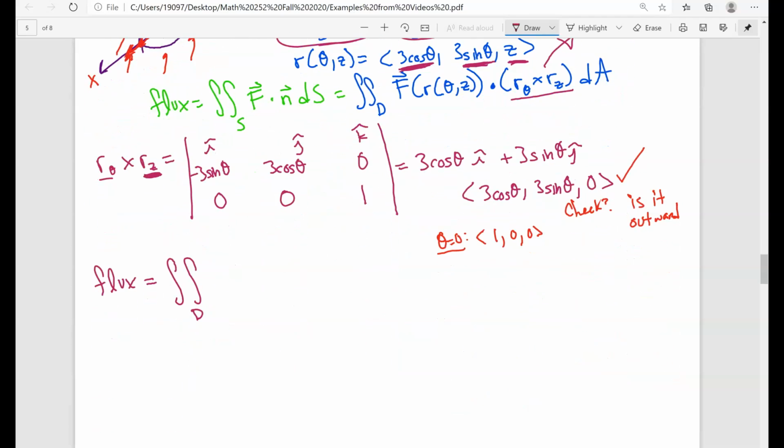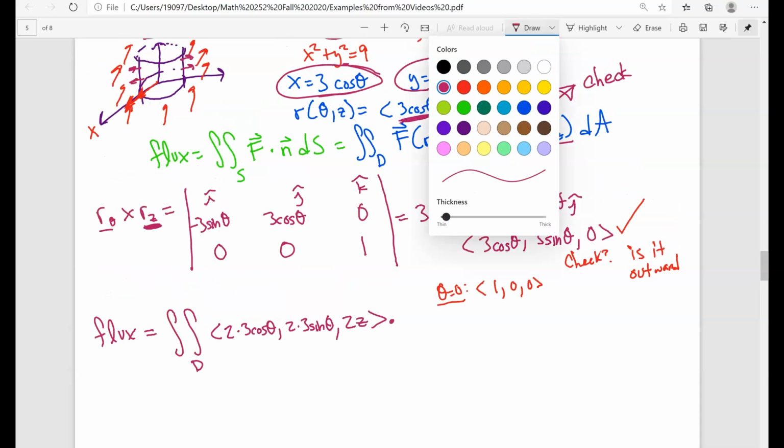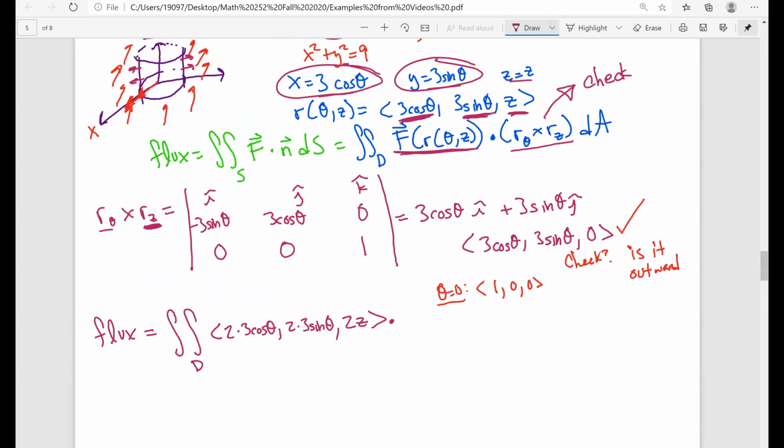So it's going to be 2 times 3 cosine theta for 2x, 2 times 3 sine theta for 2y, and then 2z. Well, z is just z, so it just stays there. So this is the force field, my F.